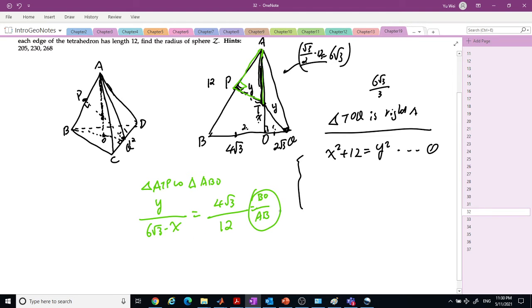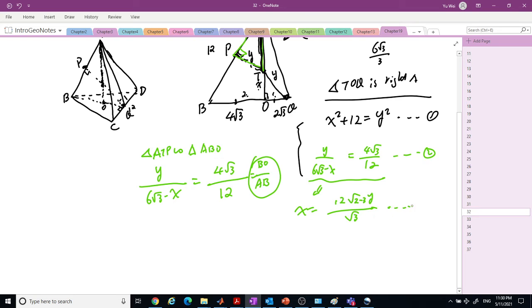From this one, we know x equals (12 root 2 minus 3y) over root 3.